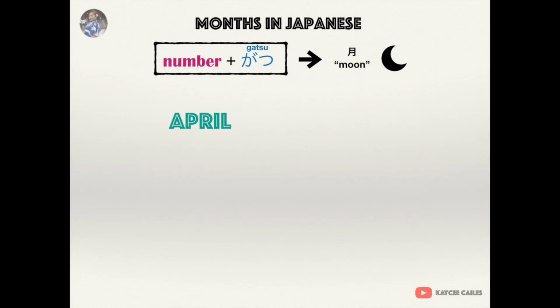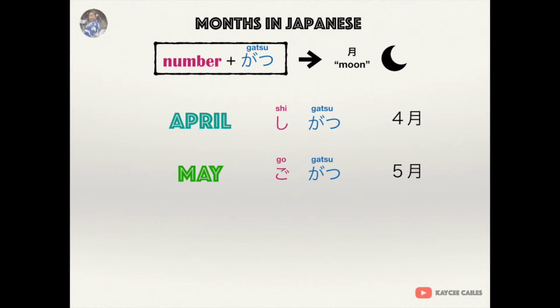For April, it is shigatsu. May, it is gogatsu. And then June is rokugatsu.